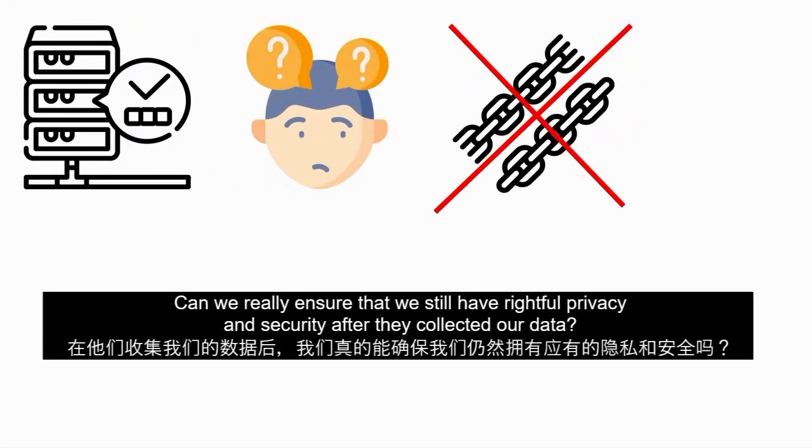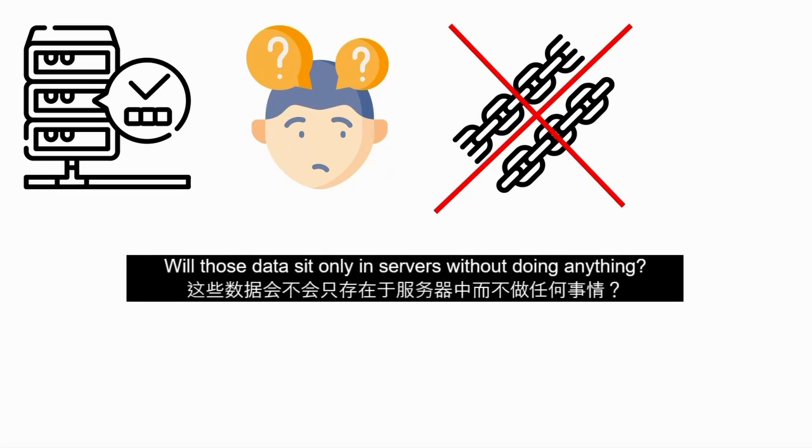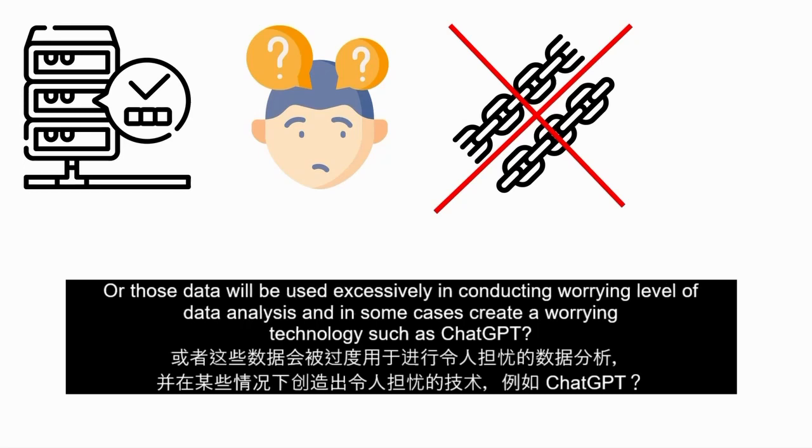Can we really ensure that we still have rightful privacy and security after they collected our data? Will those data sit only in servers without doing anything? Or will those data be used excessively in conducting varying levels of data analysis, and in some cases create varying technology such as ChatGPT?